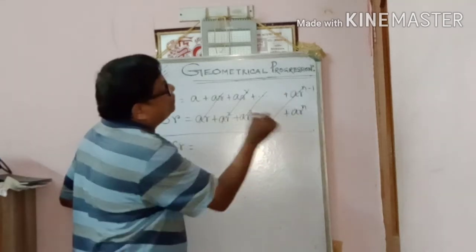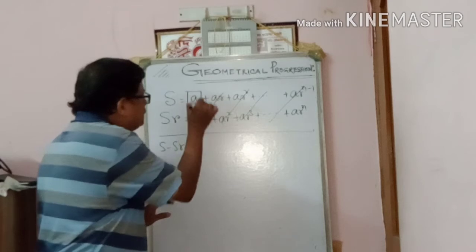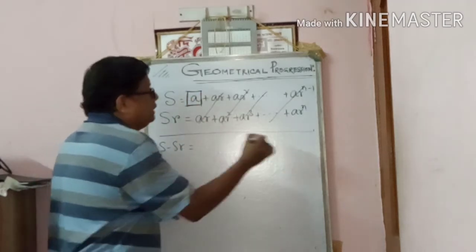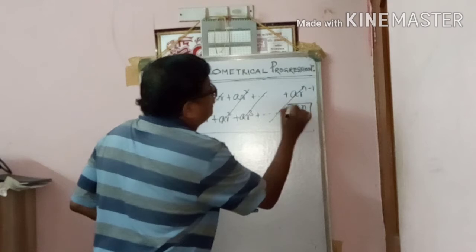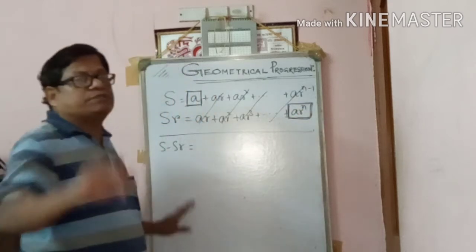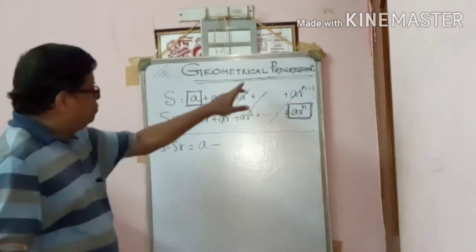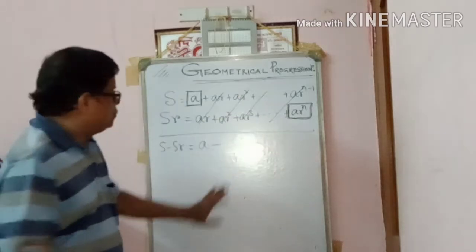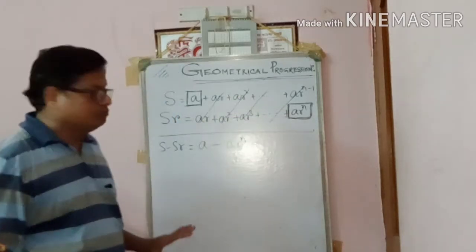So what is the remaining term? See, this is the remaining term A. Here also AR to the power n. Two remaining terms are there. So they are A minus, we have to subtract, so the sign will be changed. So minus AR to the power n.